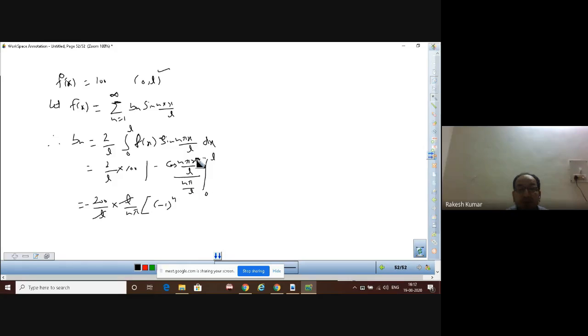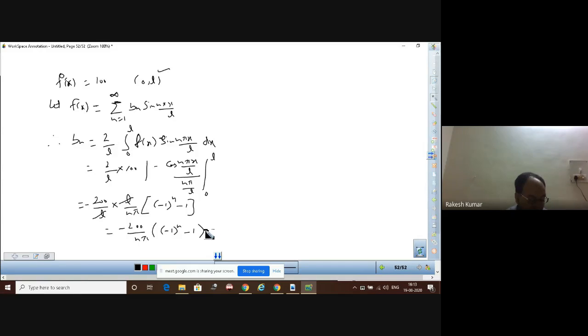And for lower limit 0, cos of 0 is 1. So this will be your value: minus 200 over n pi into minus 1 power n minus 1.